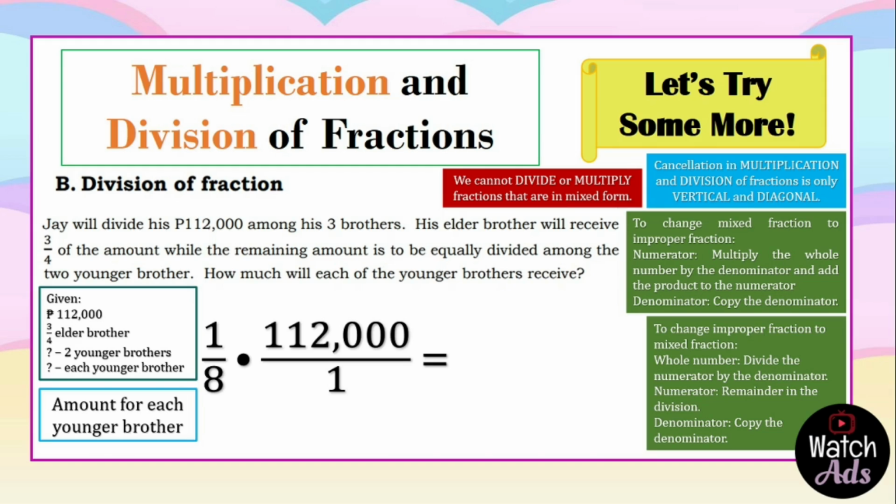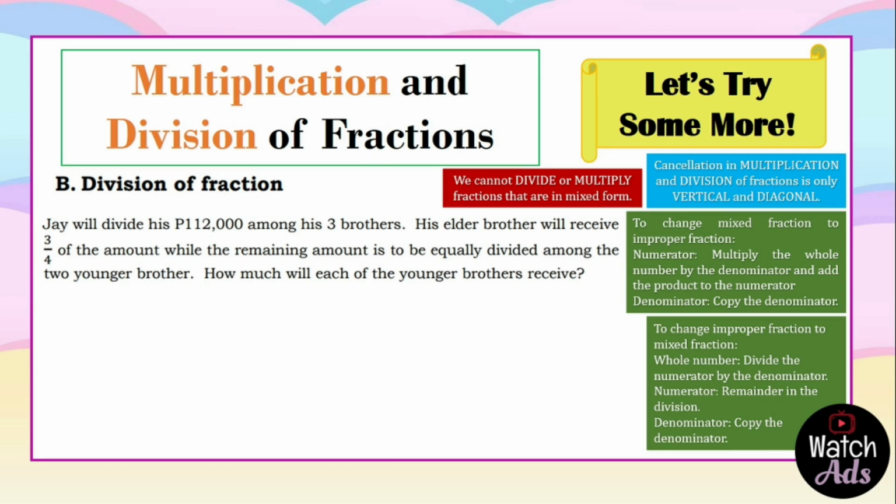Dividing 112,000 by 8 gives us 14,000 pesos for each younger brother. I want to illustrate this problem with pictures for you to easier understand the operation that we have done earlier.